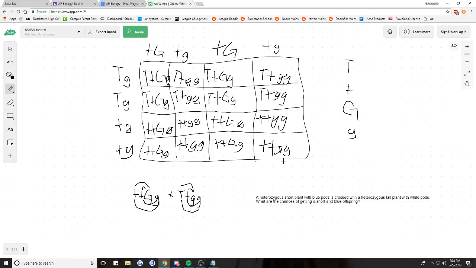And once you successfully fill out the dihybrid cross, you should now consider the potential phenotypes amongst all the offspring. So you want to start with, for example, tall and the dominant color, which is blue.